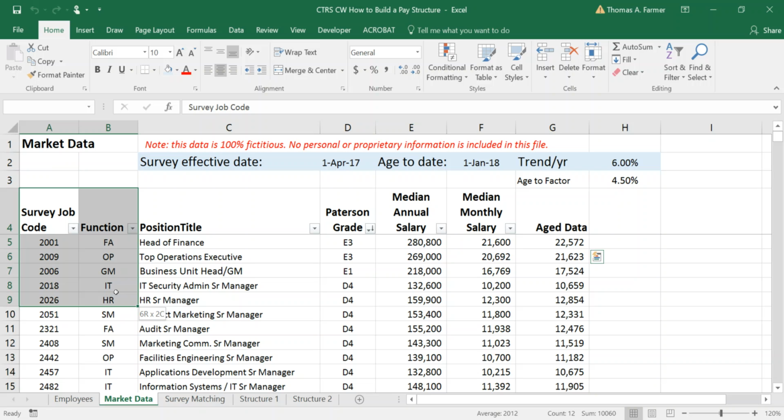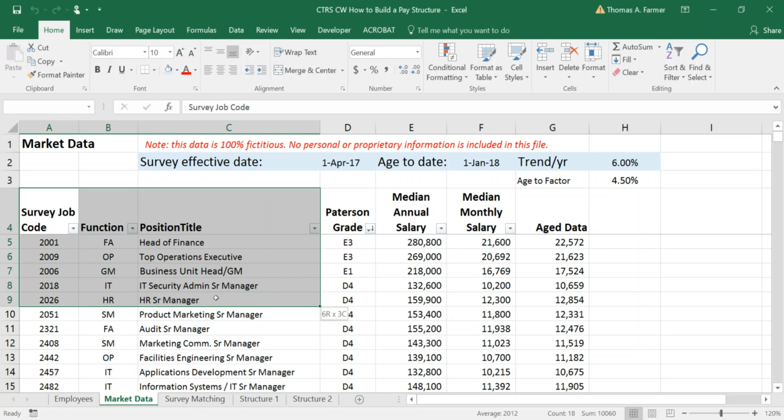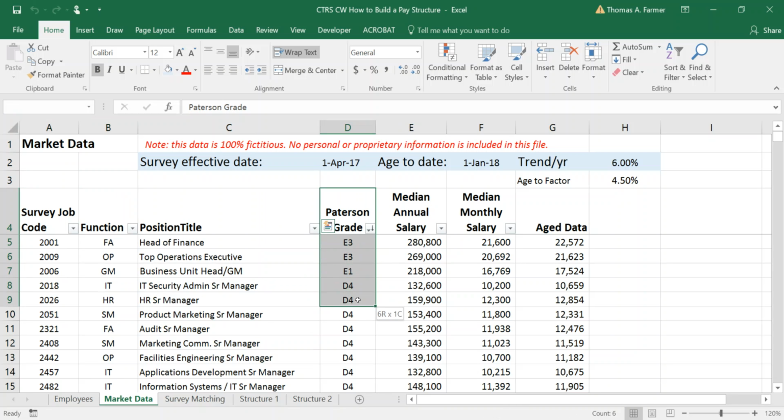Depending on your grade, that's your salary range. There are other companies, however, which establish separate salary ranges for each function. For example, finance would have different ranges from operations. Okay, so here's the market data. We have a survey job code, we have a function, we have a survey title. We also have Patterson grades here.